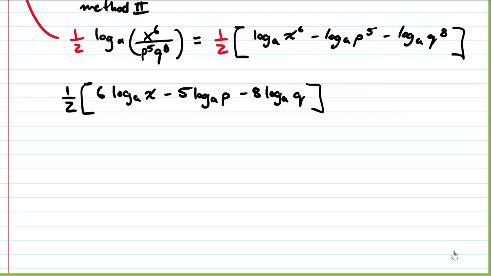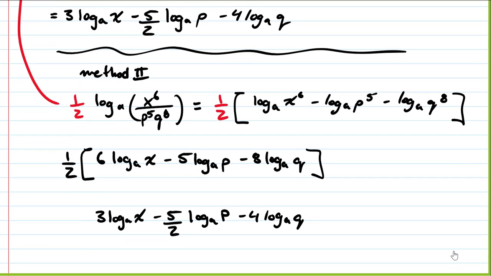And then finally, if we distribute our 1/2 in, 1/2 times the 6 is still 3. 1/2 times -5 is still -5/2. And -8 times 1/2 is still -4. And we notice that's the exact same answer we got doing it the other way, right?